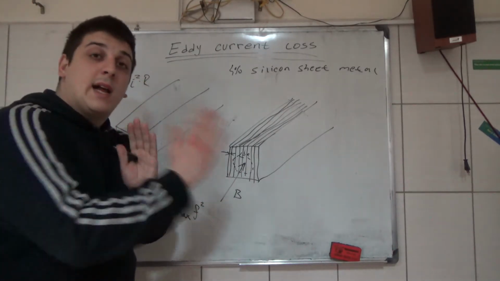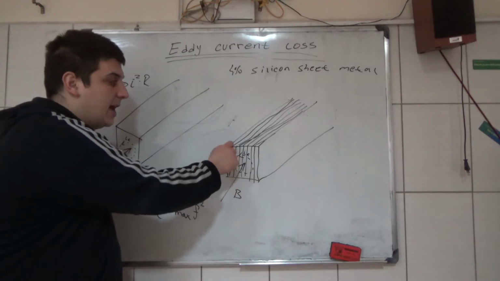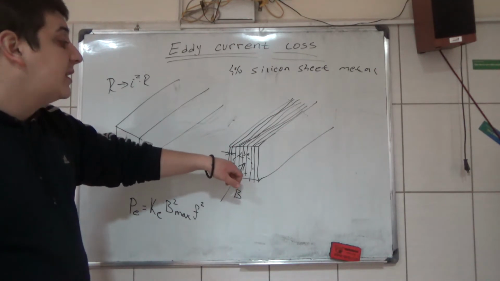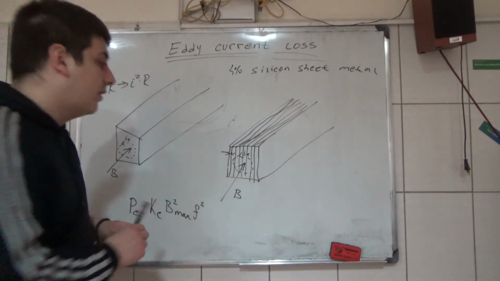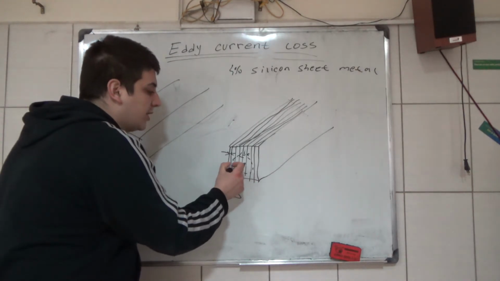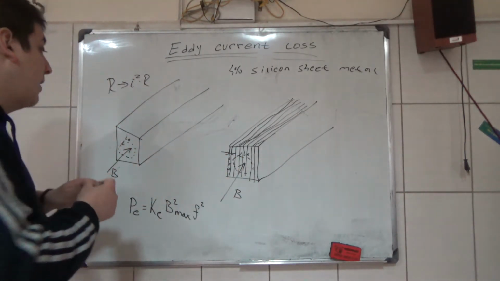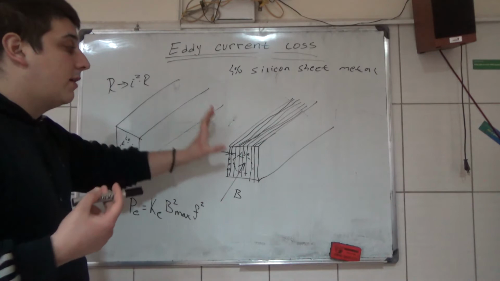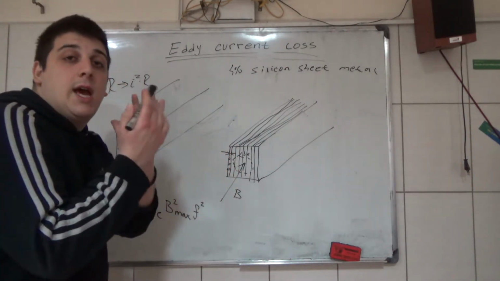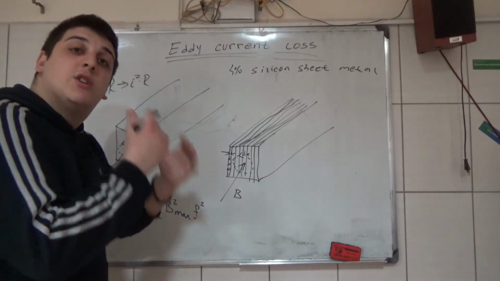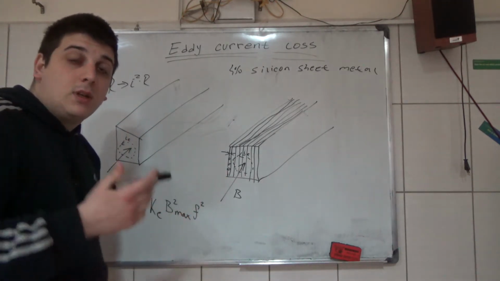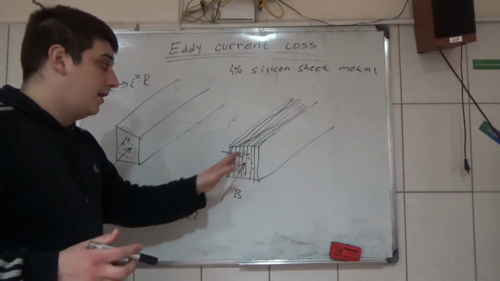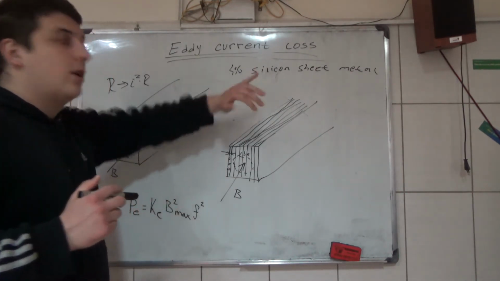So we cut these magnetic materials, we put an isolating material between them, and then these eddy currents are going to be much smaller than when there is no lamination, when it's only one magnetic material. So here you will have smaller eddy currents, smaller power losses, smaller heating, and that's how you reduce eddy current losses.